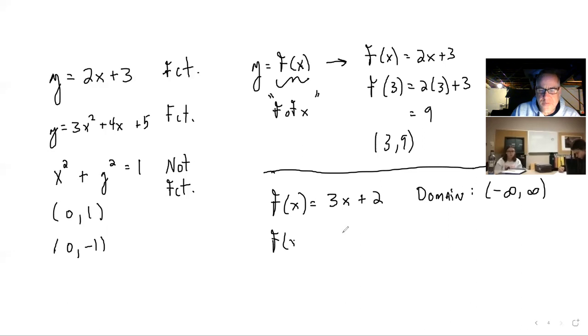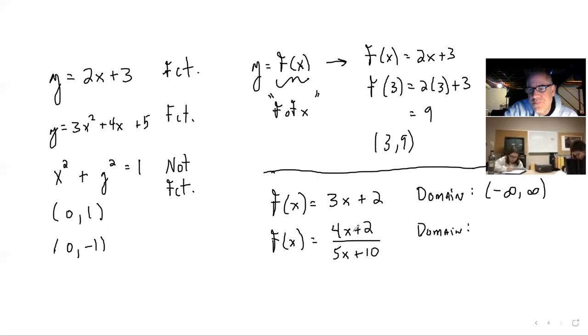Let's say I had f of x is 4x plus 2 over, how about 5x plus 10. If I were to look at this one and ask what the domain is, I don't really care about the numerator because the numerator can be 0.